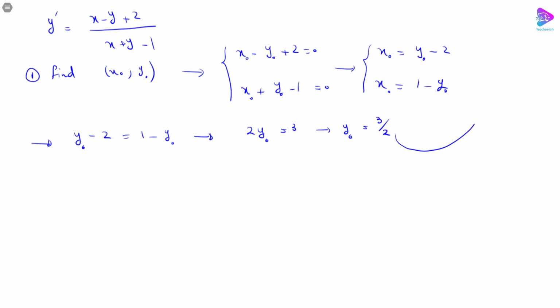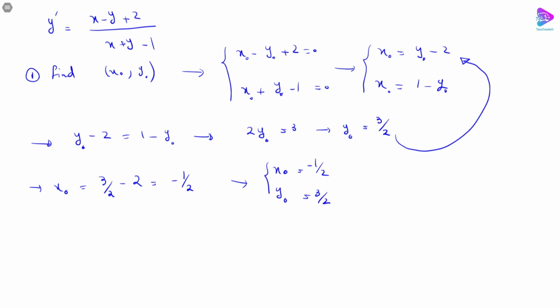Now we're going to plug this back in here. Therefore x0 is equal to 3 over 2 minus 2, which means minus 1 over 2. There we go, we have it now. We know that x0 is minus 1 over 2 and y0 is equal to 3 over 2.